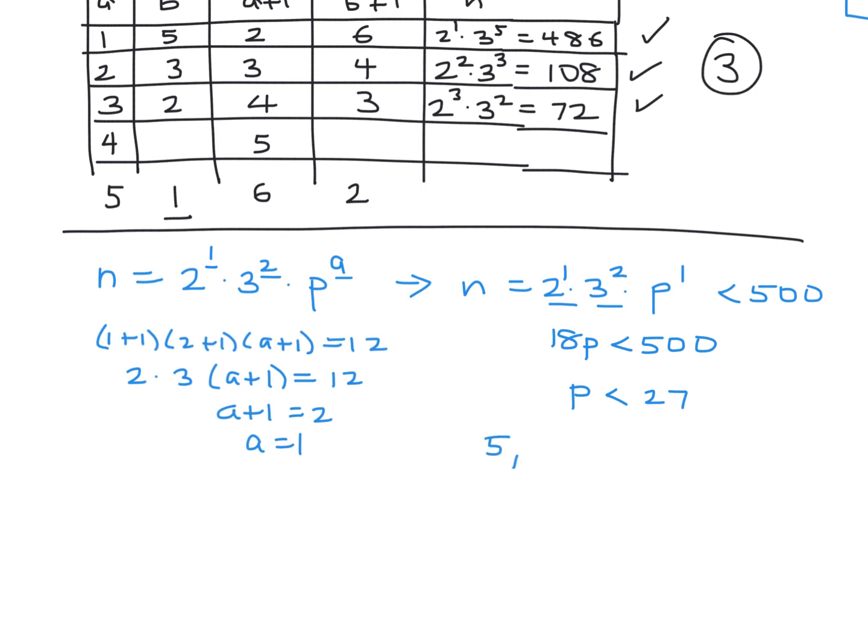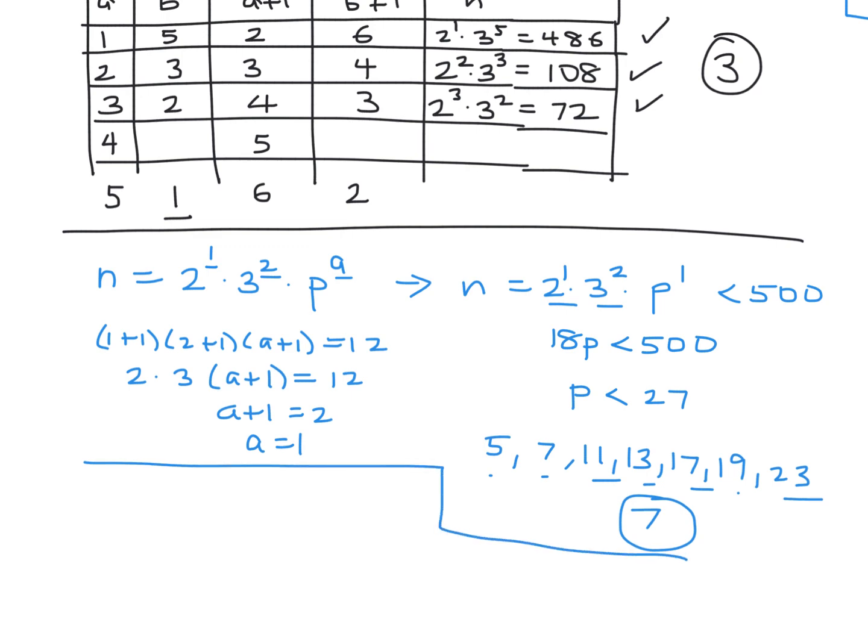So prime numbers less than 27: 5, 7, 11, 13, 17, 19, and 23. So that's what, 1, 2, 3, 4, 5, 6, 7. So I got 7 here.